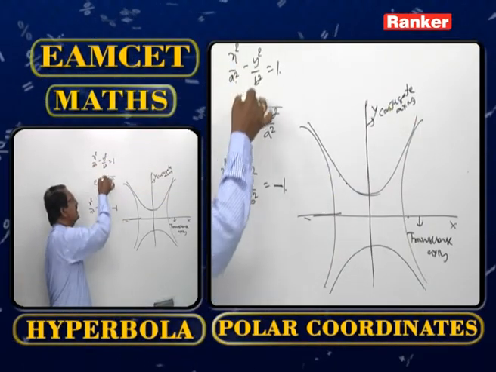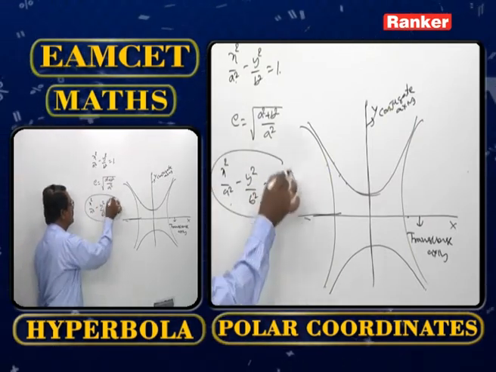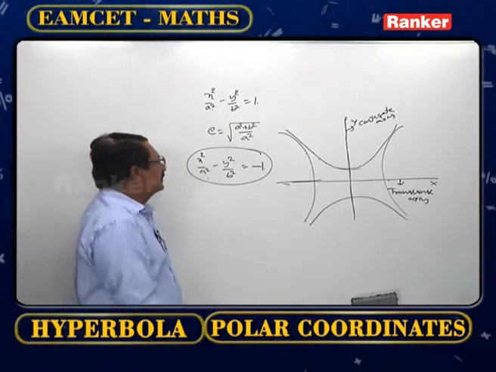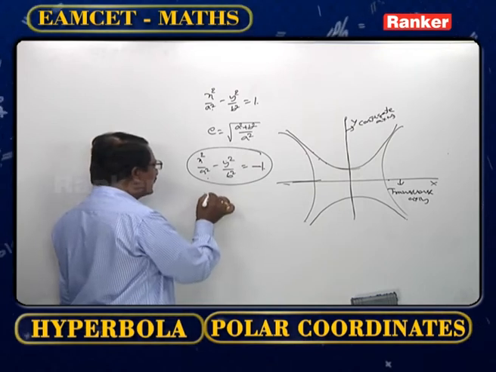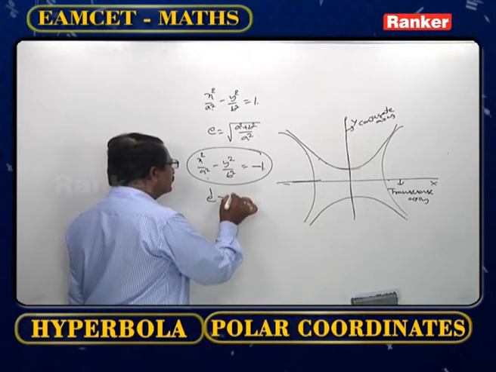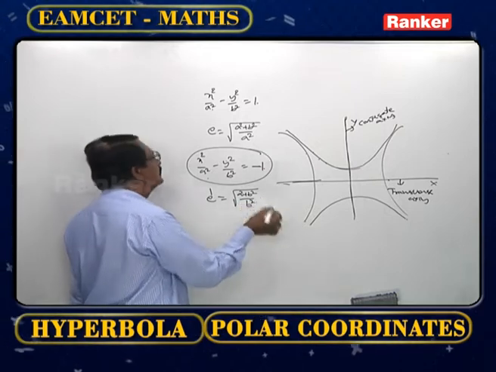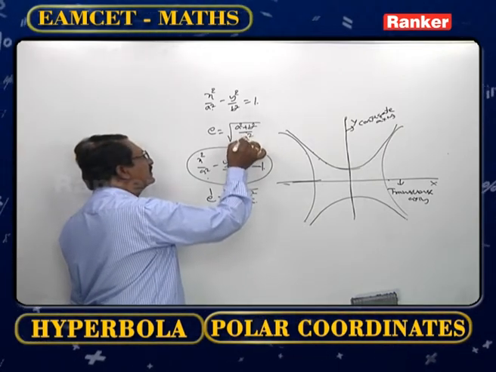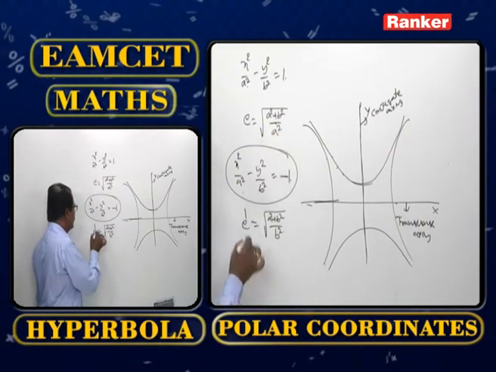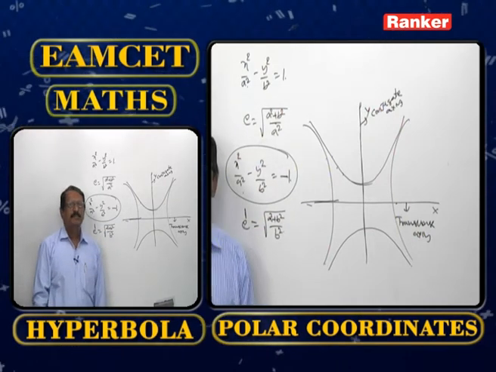Now, the eccentricity of the conjugate hyperbola, say E dash, equals square root of a square plus b square by b square. For the hyperbola, the denominator is a square, E equals square root of a square plus b square by a square. For the conjugate hyperbola, it is square root of a square plus b square by b square.